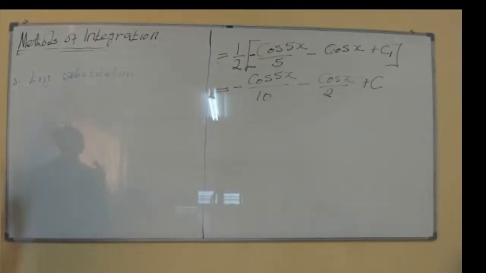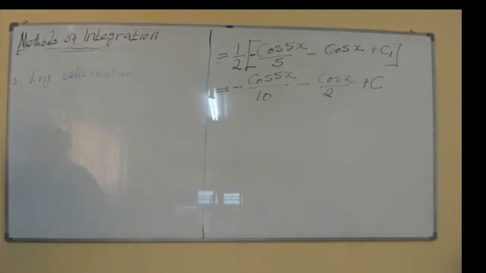Those are the concepts that should come to your mind. When I differentiate the inverse of cos, the cos inverse of x, what do I get? When I differentiate the inverse of the sine function, what do I get? When I differentiate the inverse of the tangent function, what do I get? Those are the formulas that you need to recall.